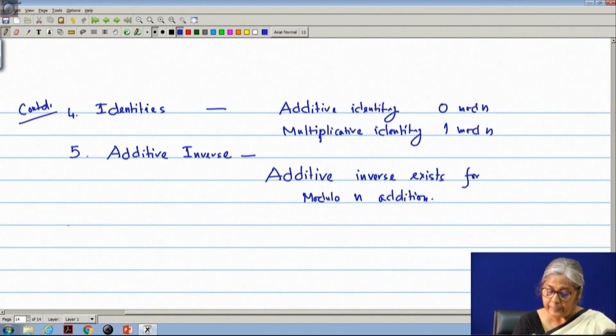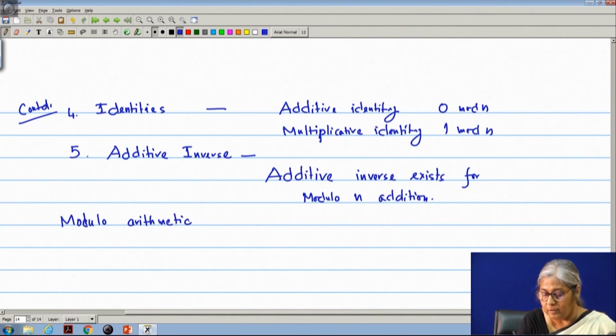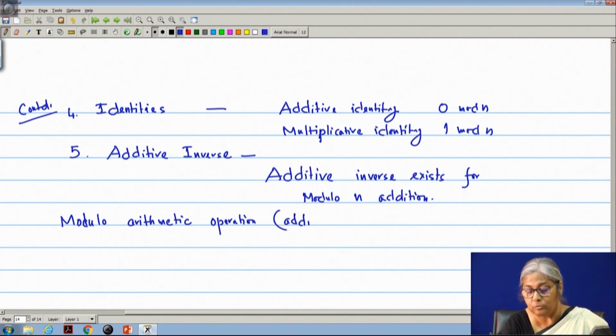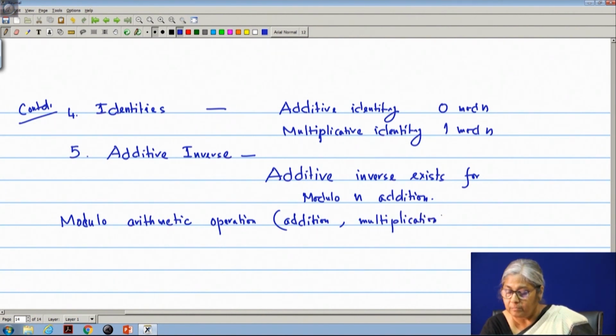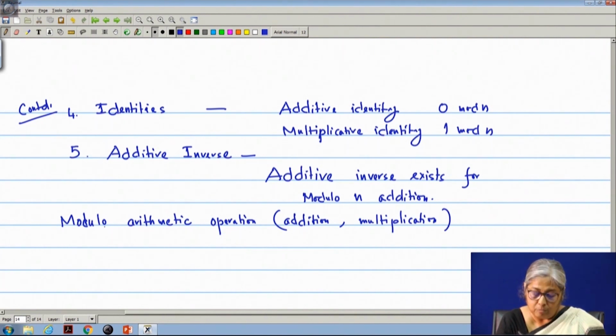So, it is a ring, or commutative ring. My modulo arithmetic operations, the addition and multiplication, are two binary operations, the way the ring is defined.